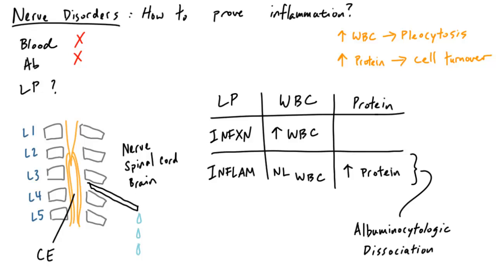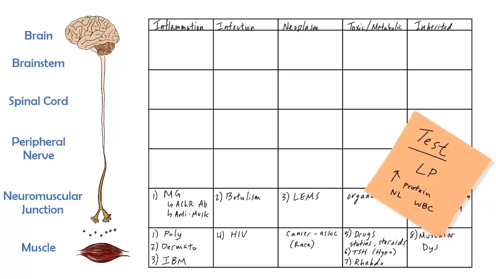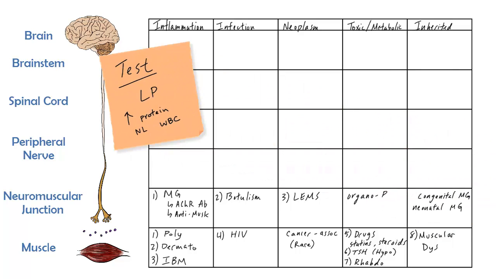And again, this isn't specific for Guillain-Barré, though it will tell us about inflammation in the nerve. It is specific for inflammation. So when we're looking for any inflammatory disorder in the peripheral nerve, the spinal cord, the brainstem or brain, we can use an LP to help define that. Great, so if a patient presents with a problem that we localize to the peripheral nerve, and we do an LP that shows elevated protein with normal cells, that's going to be inflammatory.